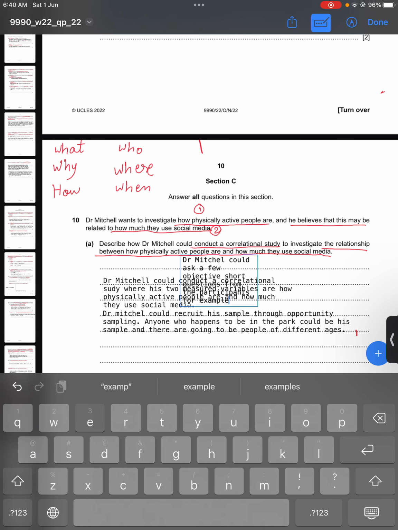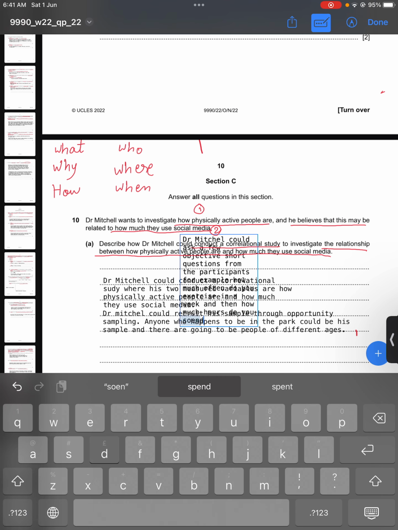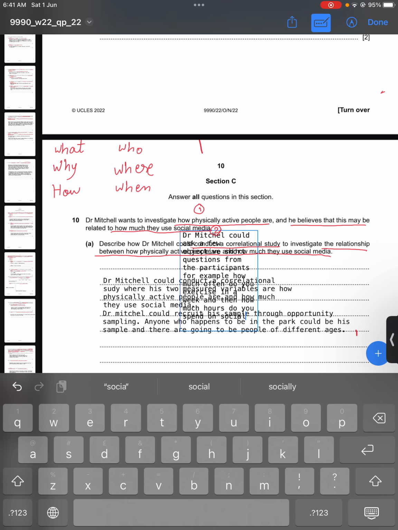For example, how often do you exercise in a week? And then how many hours do you spend on social media in a day?